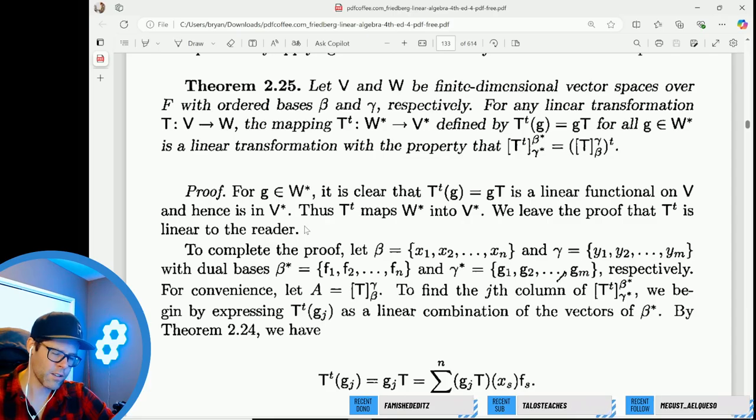Is that obvious? I don't think it's obvious that it's linear. Because we're dealing with composition, aren't we?